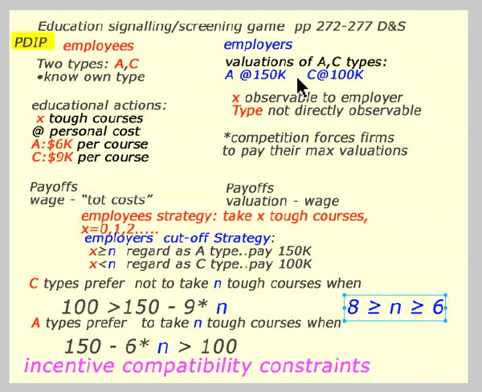And the same for the challenge types. They'd be willing to pay $100K. It doesn't matter how much education they have. The education doesn't affect the employer's valuations of their productivity. It just costs to do this education.